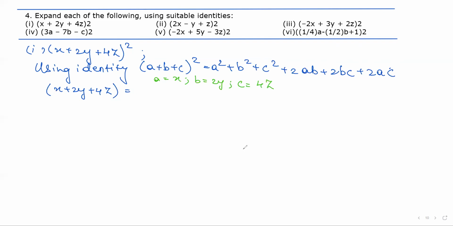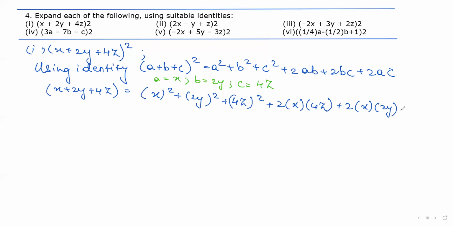Therefore, this value becomes equals to x square plus 2y whole square plus 4z whole square plus 2 times x into 4z plus 2 times x into 2y plus 2 times 2y into 4z.